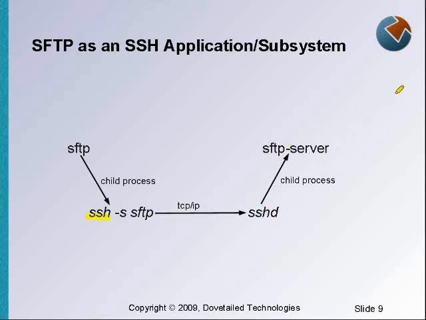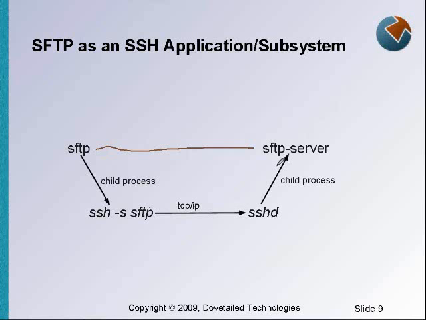So logically what's happening is you're getting a logical secure channel between the SFTP client and the SFTP server, but it's really using all of this substrate provided by SSH.